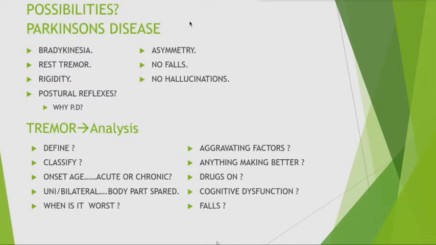Okay, sir. Would you like to know the drug history of this patient? Yes, sir. Which are the drugs related to tremor? In the analysis of tremor, which drugs come to mind? Sir, beta agonists, antipsychotics. Which antipsychotic?